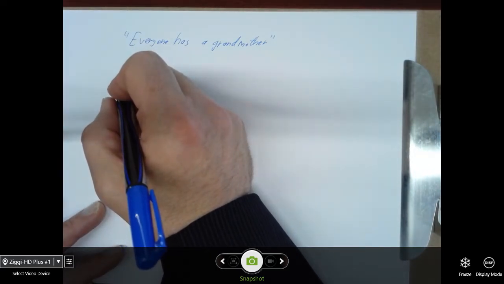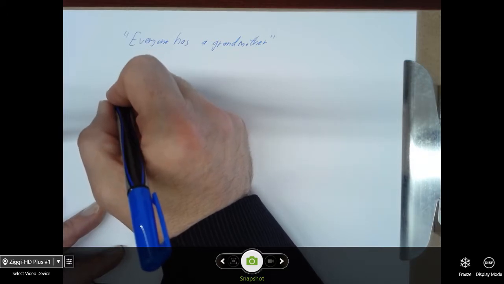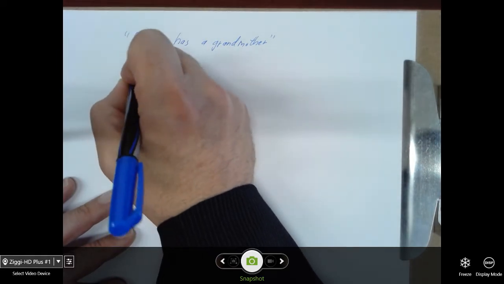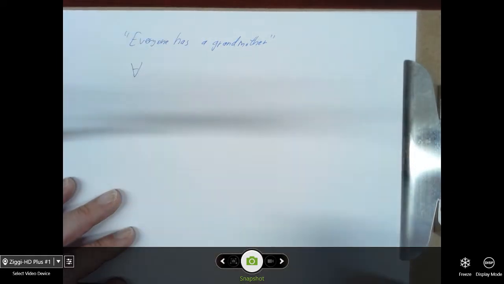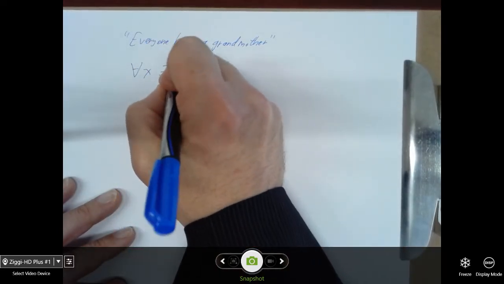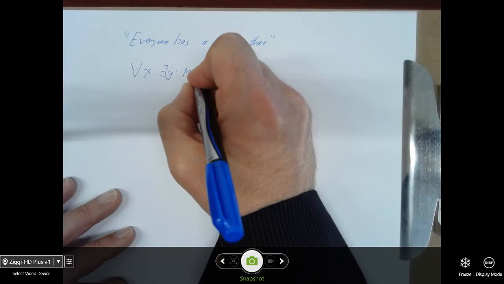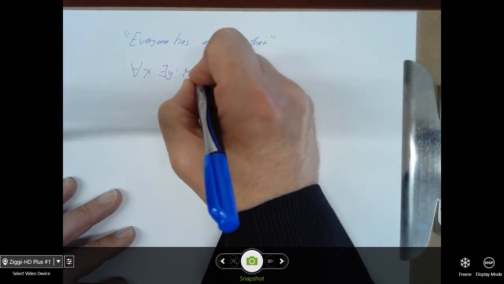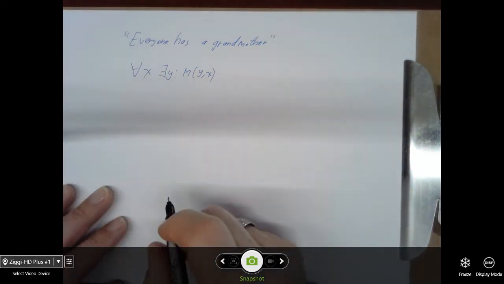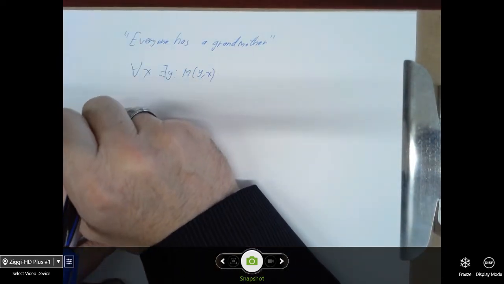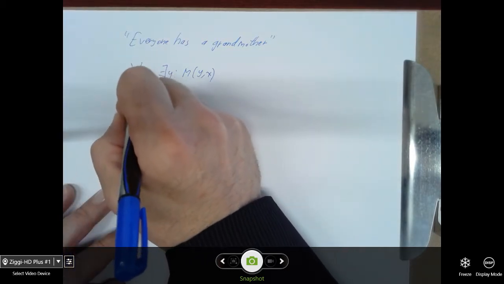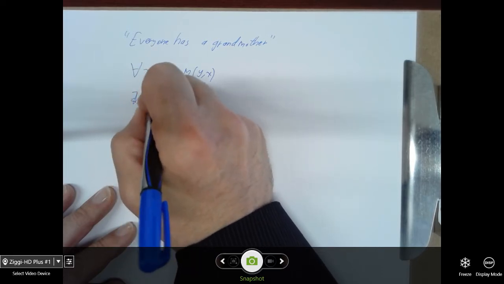So for all x, there exists a y such that m y x. I think that's what it is. Is it xy or yx? Oh, the yx, I guess. Yeah. Okay, and this then says everybody has a mother. And then I made a new symbol, z. I think that would be for every y there exists a z such that m z y.